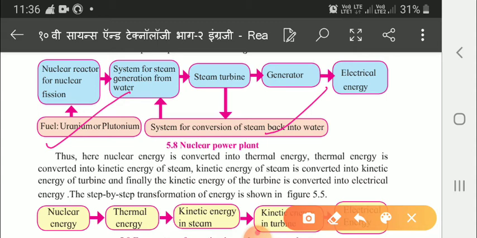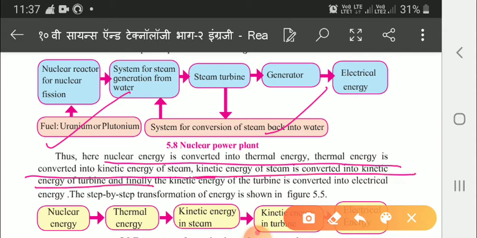Now here we can see that nuclear energy is converted into thermal energy, and thermal energy is converted into kinetic energy of the steam. This kinetic energy of steam gives rotation to the turbine, and finally the kinetic energy of the turbine is converted into electrical energy.